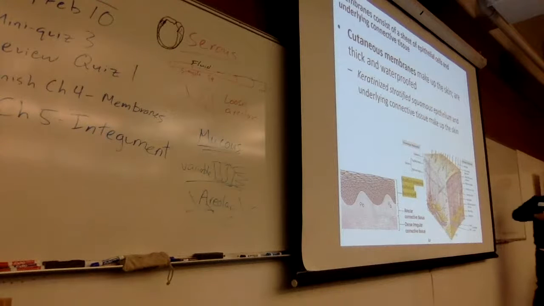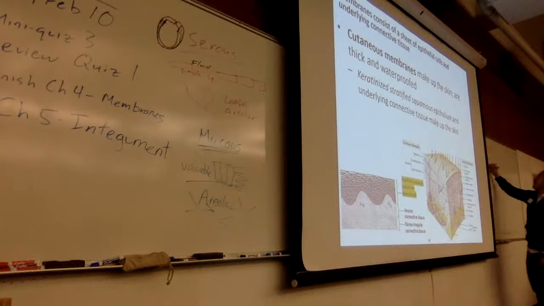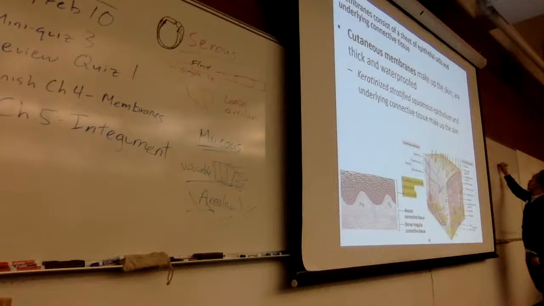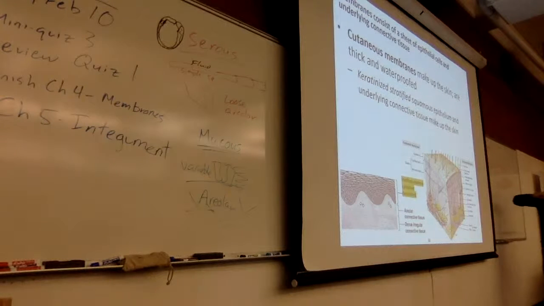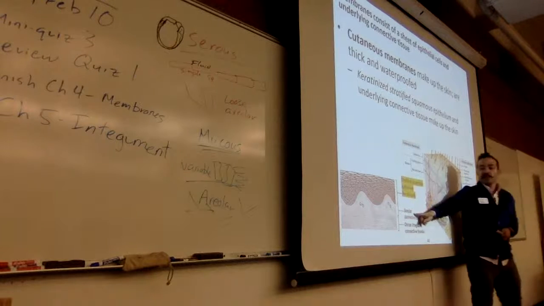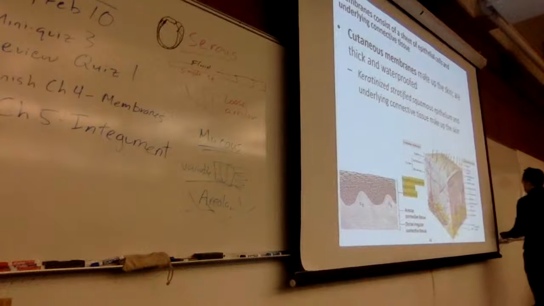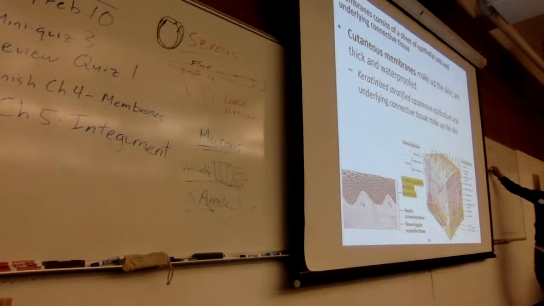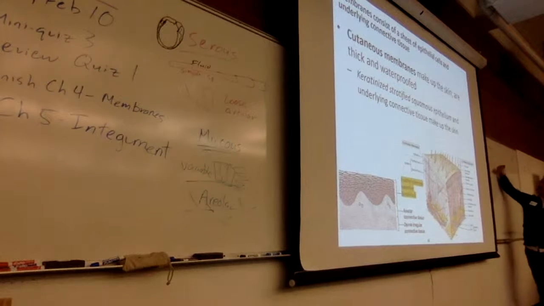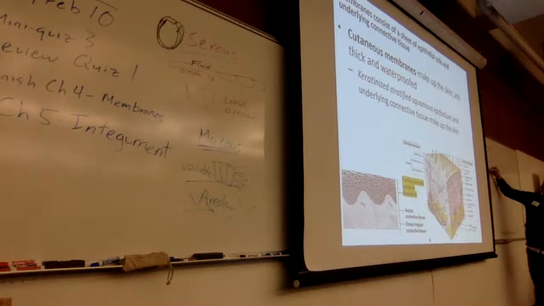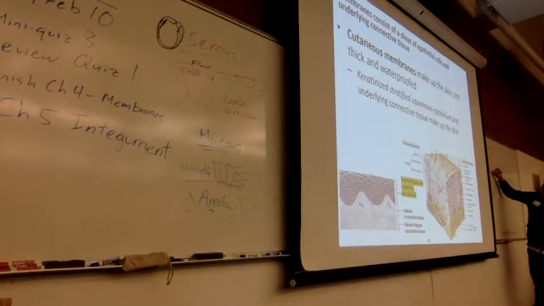What's characteristic of cutaneous membrane? It's thick, it's waterproofed. We've got our keratinized stratified squamous on top. The deeper layers, there's actually two different connective tissues. The layer just underneath, just deep to the epithelium, is areolar.